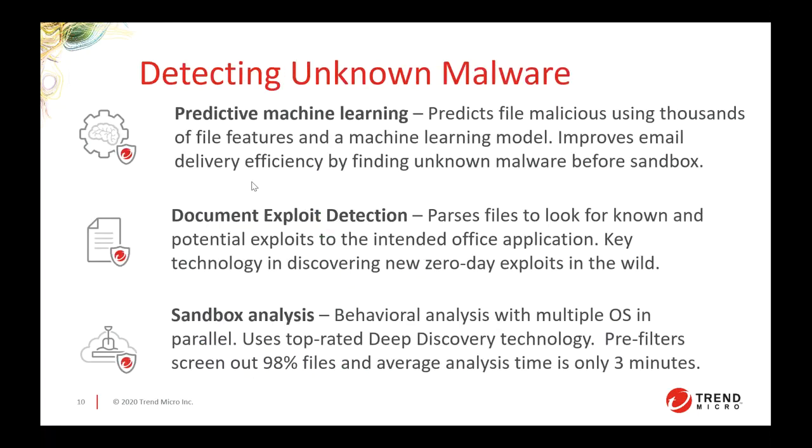So detecting unknown malware: how are we detecting unknown malware? Using predictive machine learning. Even if the malware comes in a script like VBScript, PowerShell, or JavaScript, which a signature-based mechanism can't detect, the post-execution machine learning can prevent these kinds of attacks.